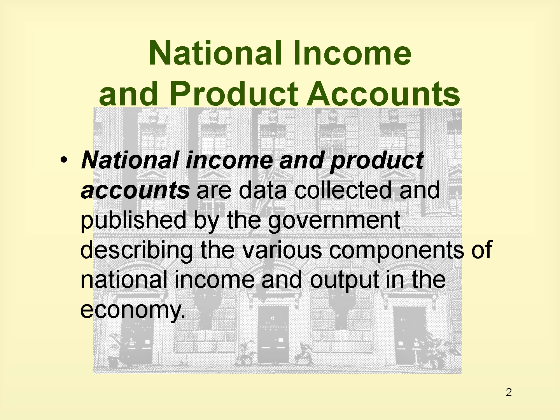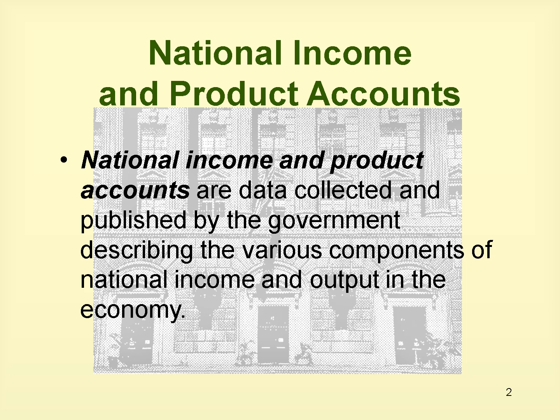So what do you understand about national income? National income and product accounts are data collected and published by the government. They describe the various components of national income and output in the economy. It means that when firms produce output, as you learned in the theory of production, the theory of firms, production and cost of production, this firm will produce goods and services.